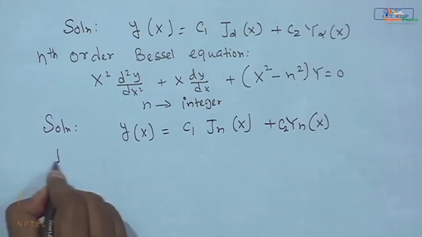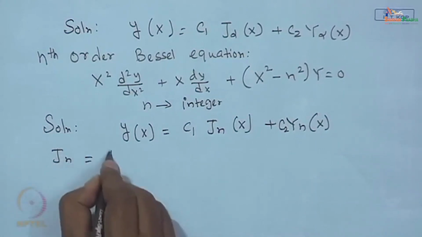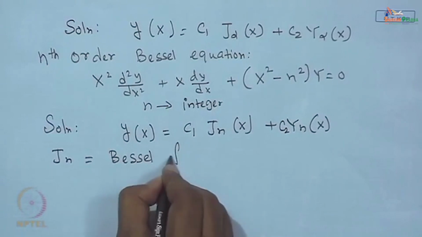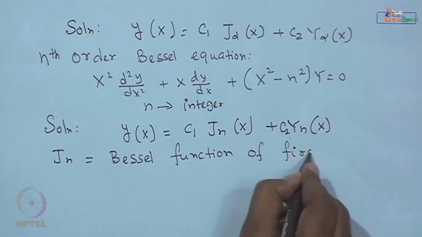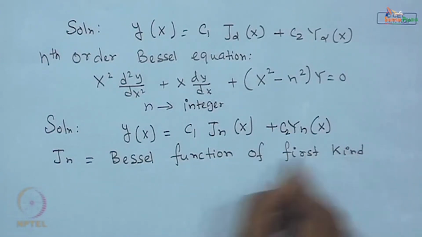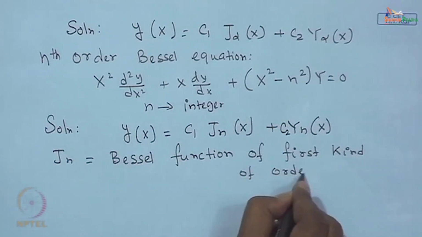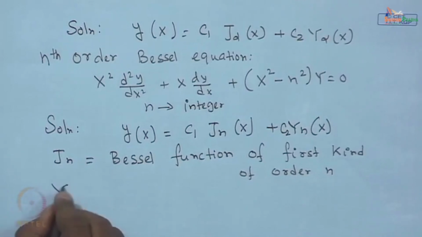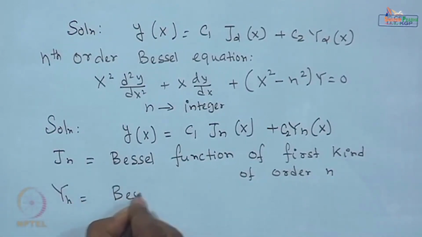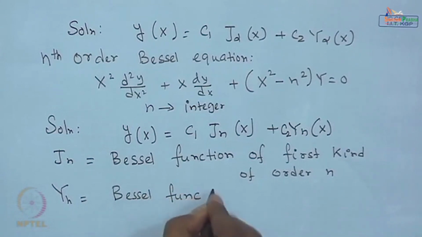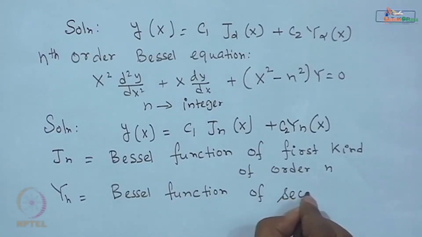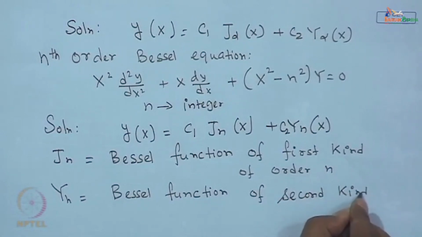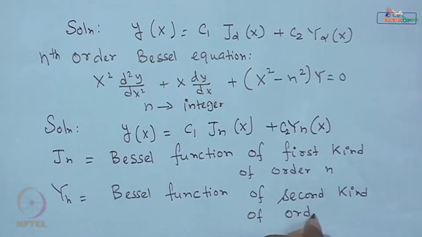So, we will be having J n as the Bessel function of first kind of order n, and Y n is the Bessel function of second kind of order n.